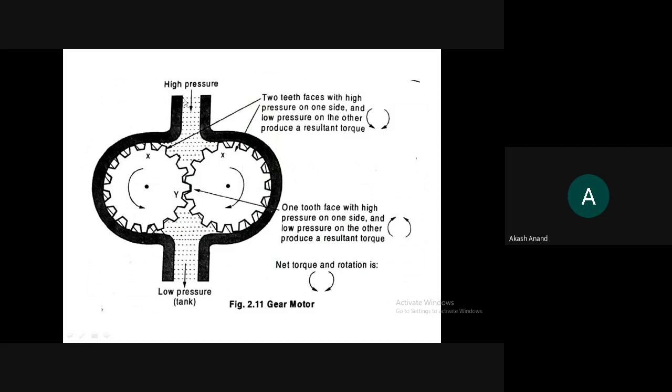After creating this pressure difference, you know that there is a chance for movement of fluid from high pressure to low pressure. So from higher pressure to lower pressure, there will be a driving force that will move the gear in a certain direction. That is how we are getting a rotary motion.